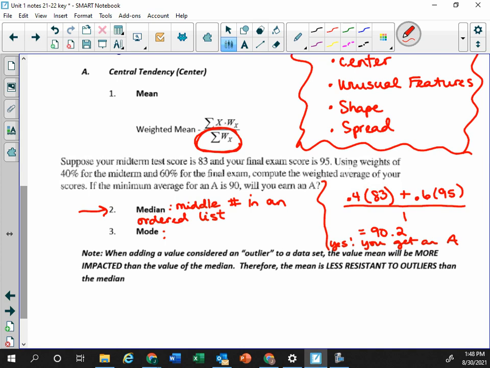And then what's the mode? Yeah. Yep. I'll say most frequent, but most repeated. Yep.